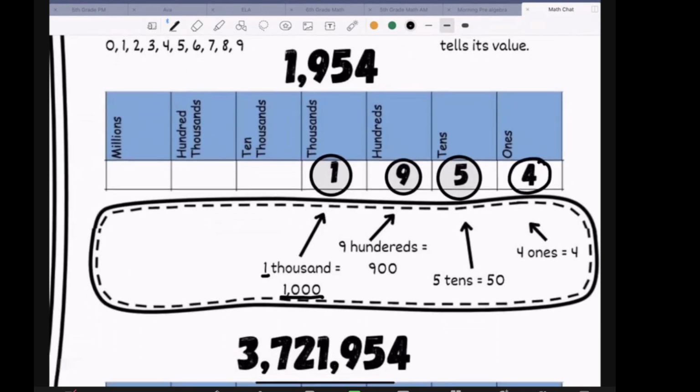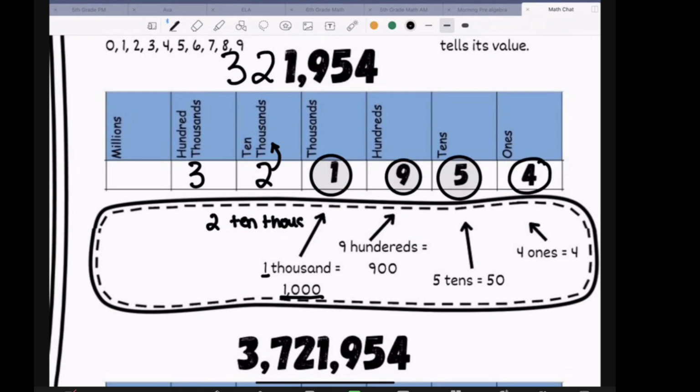Okay, now let's add a 2 and a 3. If I were to add that, the 2 is in the 10,000s place.